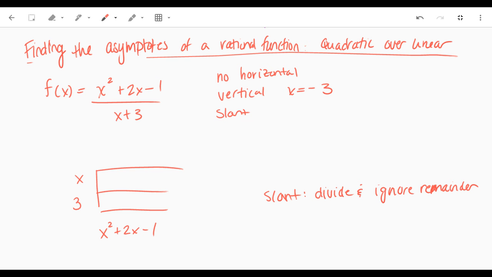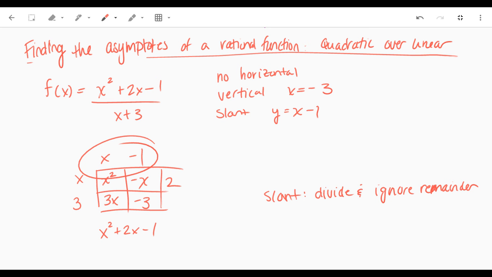Okay, so we're going to have our x squared here, which means x and 3x, which means we need a negative x. So a negative 1, negative 3. We would have a remainder of 2, but we just ignore it. Okay, so your slant asymptote would be y equals x minus 1. Okay, again, you just do your long division and you ignore the remainder.